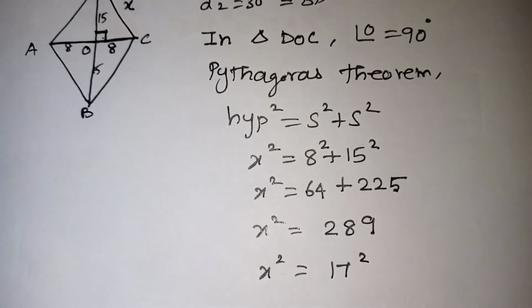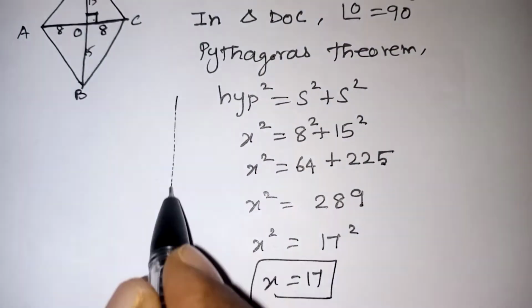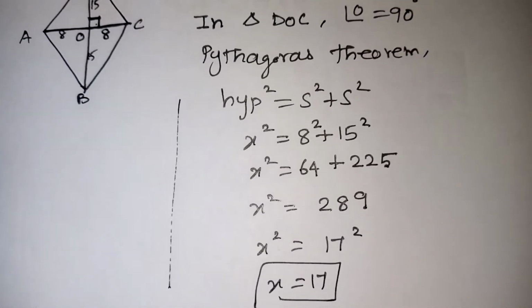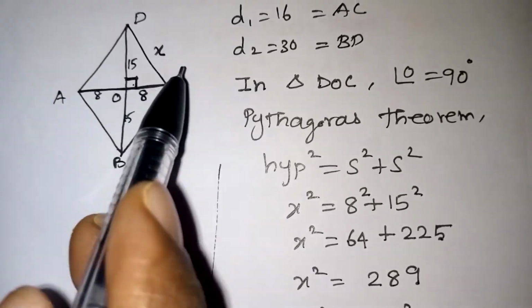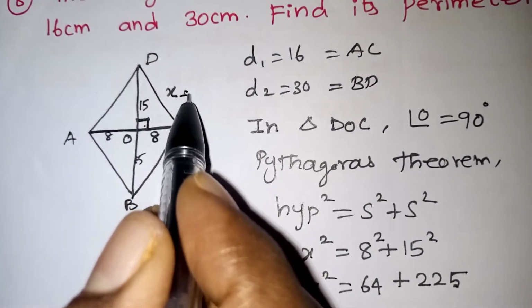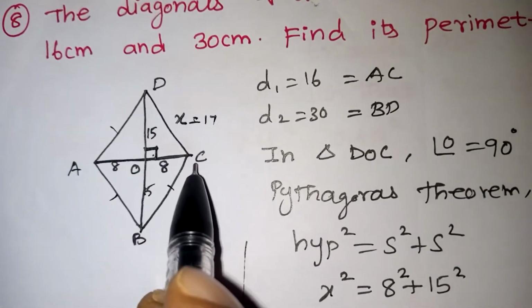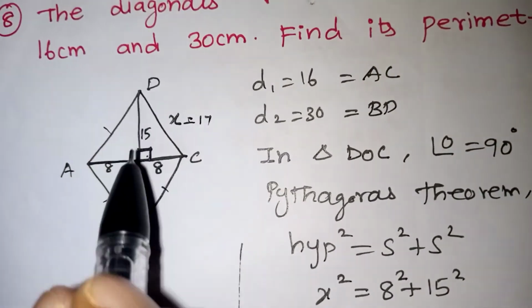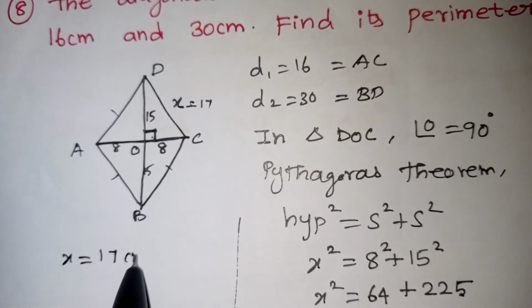So x is equal to 17 we can say that. So what we are getting from this one means side of the rhombus is 17. Any one of the side of rhombus we are getting. X is equal to 17 we got it. We all know that in rhombus all the four sides are equal. So this is 17 means this also 17, this also 17, this also. So I can say that x is equal to 17 centimeter.